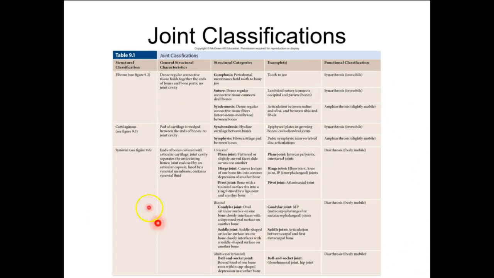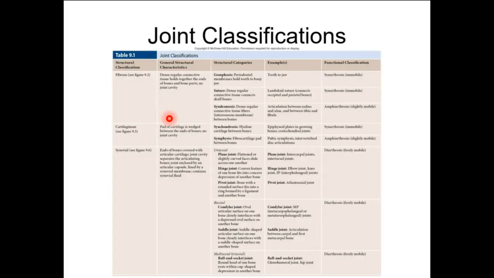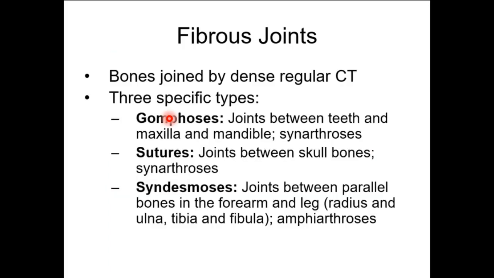Okay, I will come back to this slide because we're going to get into some sub-classifications within each of these structural classifications. You have several types of fibrous joint. Gomphosis is very specific. Gomphosis is teeth. Your teeth in your jaw, maxilla, mandible, that's a gomphosis.